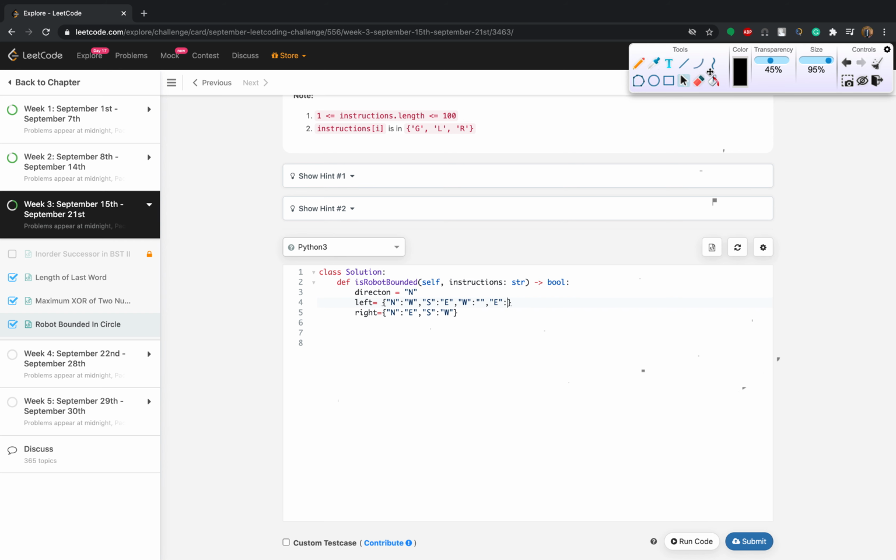So I'm trying my best here to explain you guys. Right now the arrow is pointing towards east, and from east your left would be north and the right would be south.